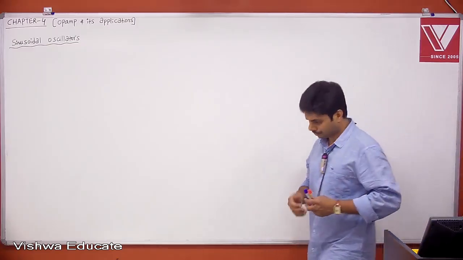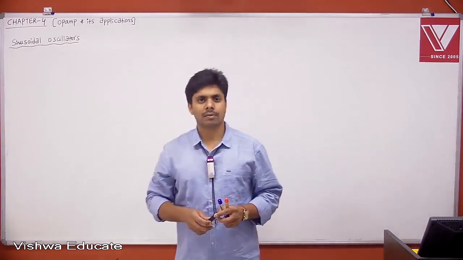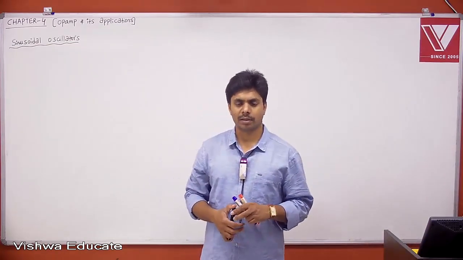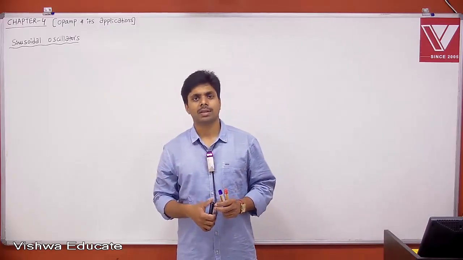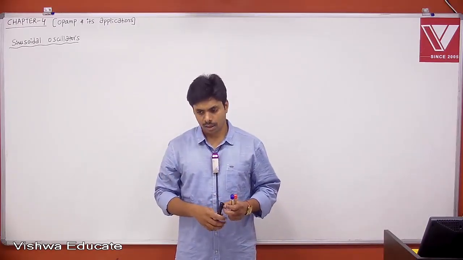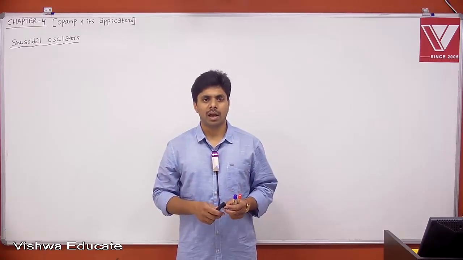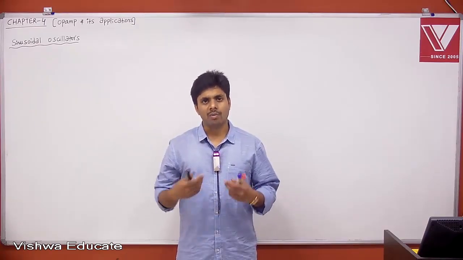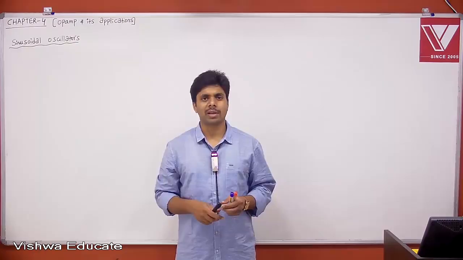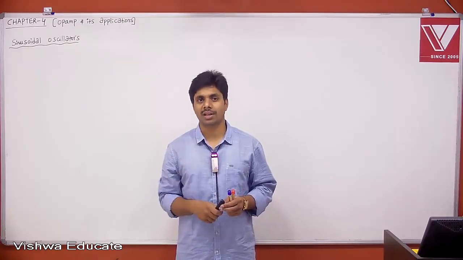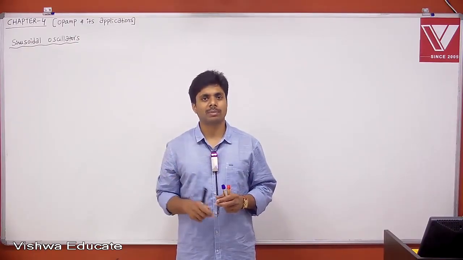Okay, now actually I can start with Barkhausen criteria and we can see different circuits which are satisfying Barkhausen criteria, but I don't want to start directly with what is Barkhausen criteria and see the circuits. I want to explain it in a different way, with respect to a negative feedback system.